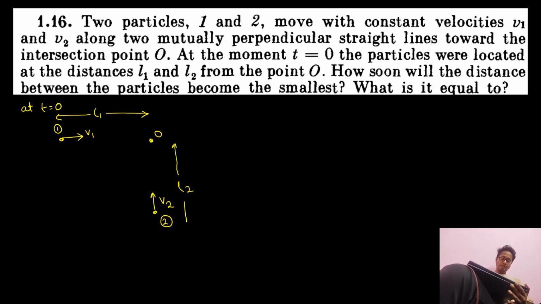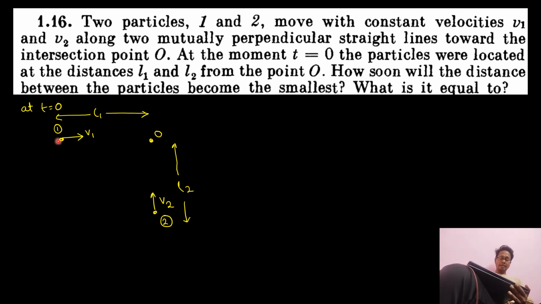This much we have understood. How soon will the distance between the particles be smallest? So when this is moving out here, this will be moving out here. So these may or might not collide, depending on the velocities v1 and v2. How soon will the particles reach the closest position?